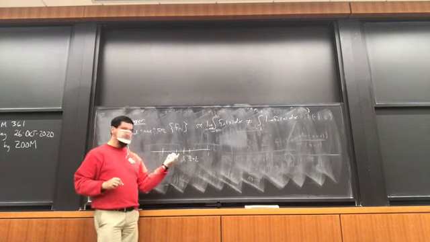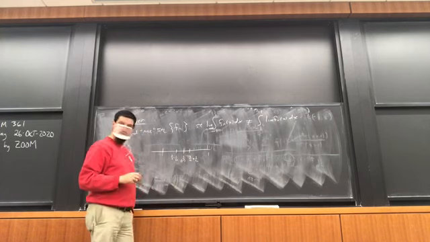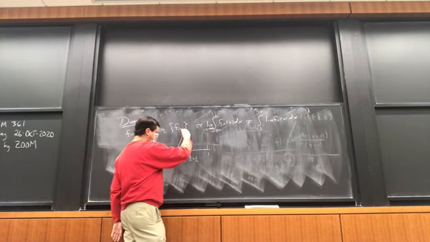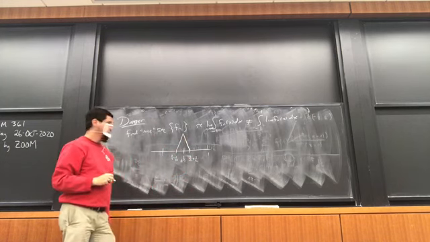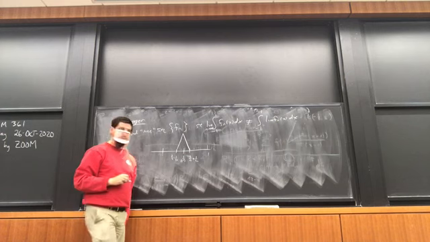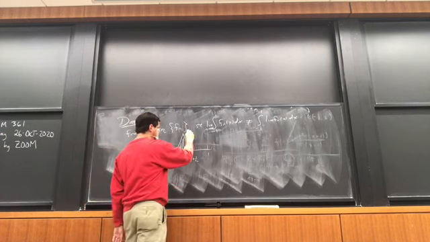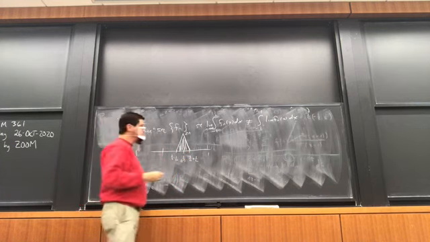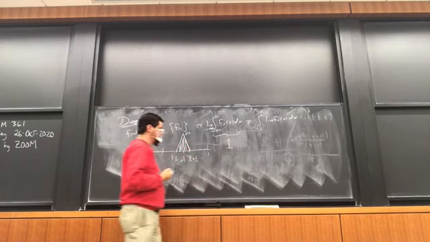So I have something of thickness 1 over n. And I can take my function to be a triangle like this. My function will be continuous. And what is the area under the triangle? I'll make it have height 2n. So each of these integrals is going to be 1.